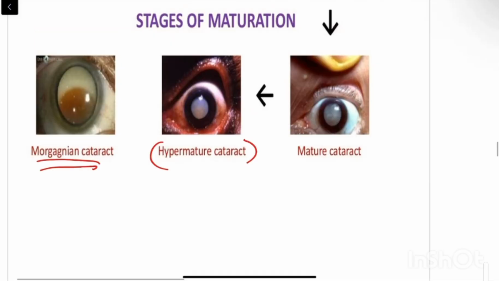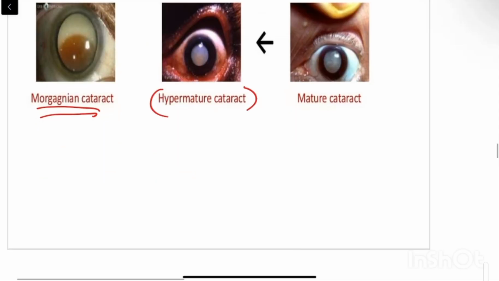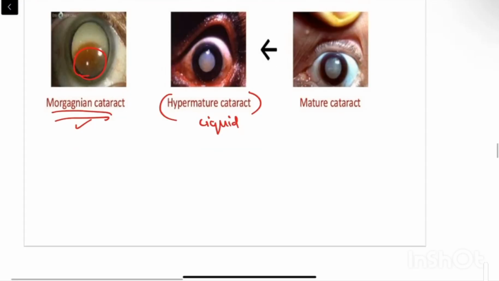So after mature cataract the patient should seek treatment. Otherwise the lens might break down into pieces and get accumulated, which is Morgagnian cataract, or it becomes hypermature cataract and gets liquefied. So these are the complications of mature cataract.